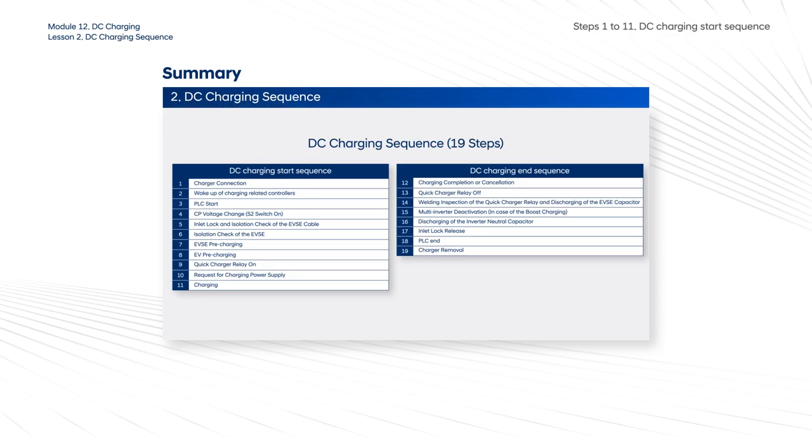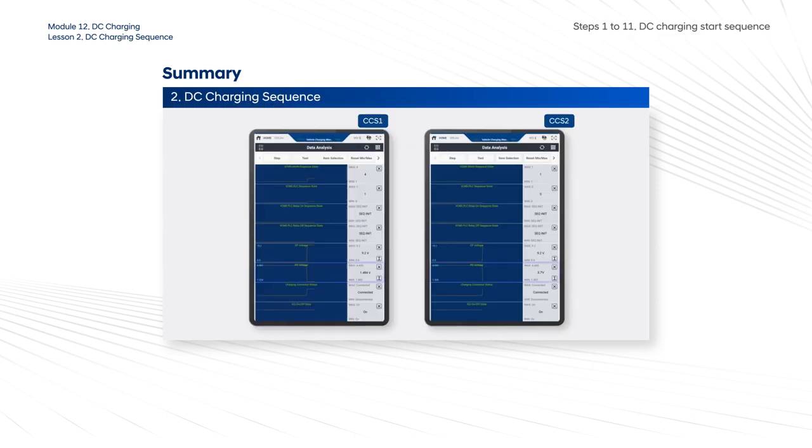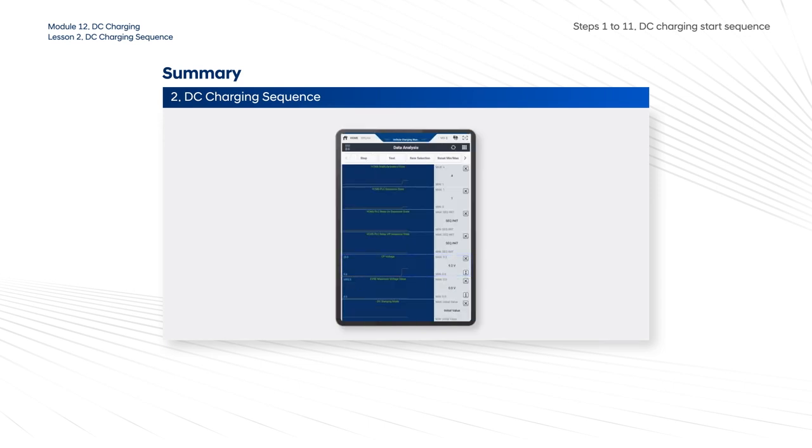2. DC charging sequence. When the charging connector is engaged, the PD voltage decreases from 4.4 volts. The CP voltage is powered by the charger and changes to 9 volts. The VCMS activates the EVSE S2 switch inside the VCMS, and the CP voltage changes to 6 volts.